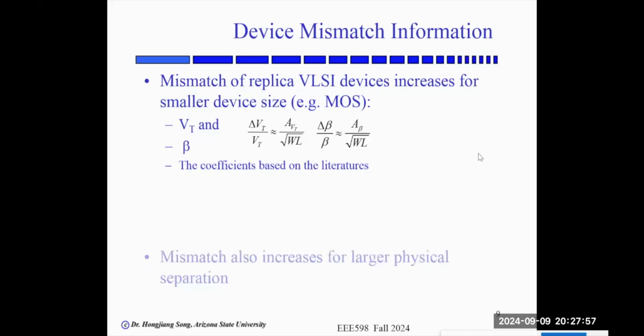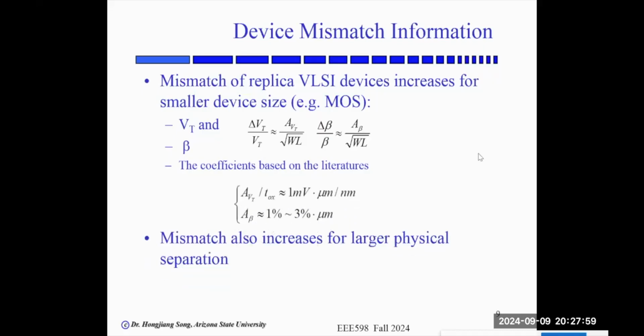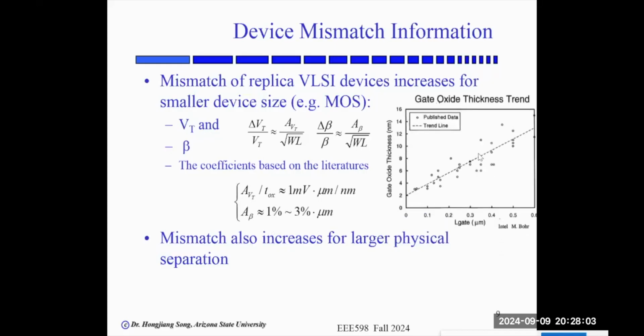So, okay, here are some numbers which can be found from literature. And also, this is another piece of very important information: the mismatch also depends on the distance of two replicated devices. That means for the same type of device, whether they are close or far away, the mismatch is also different.